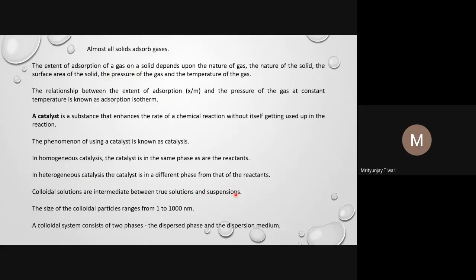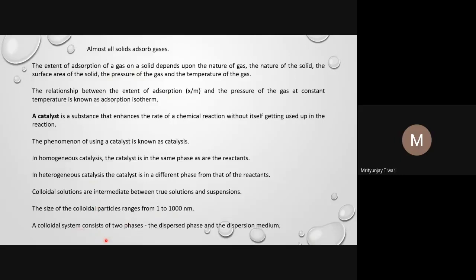It means most of the properties of the colloidal solution lie between the properties of true solutions and the properties of suspensions. The size of the colloidal particles is between 1 to 1000 nanometer, and in suspensions the particle size is more than 1000 nanometer, and in true solutions the particle size is less than 1 nanometer.